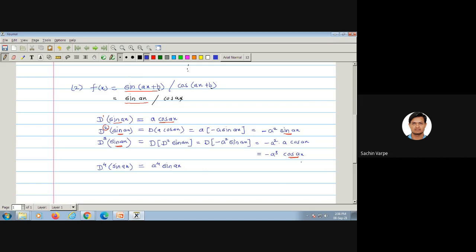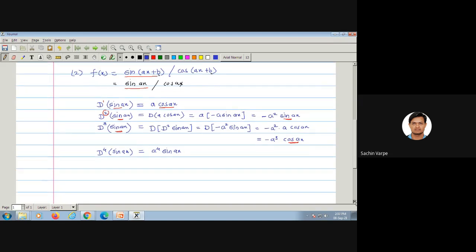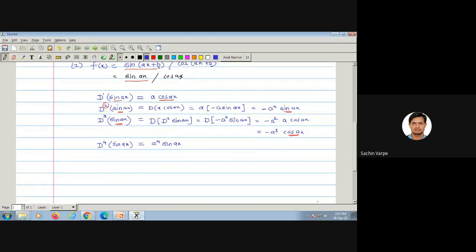So can we generalize the pattern? Actually, what we want is this: suppose the right hand side function is given in terms of sine, then we want the particular integral in terms of sine only. That should not be in terms of other functions like cos.